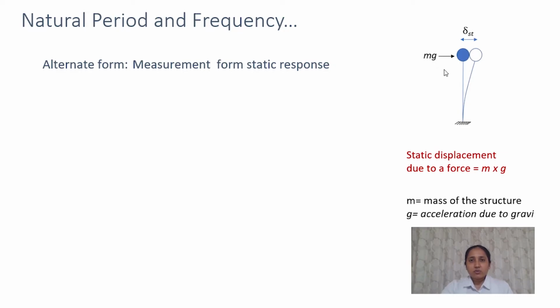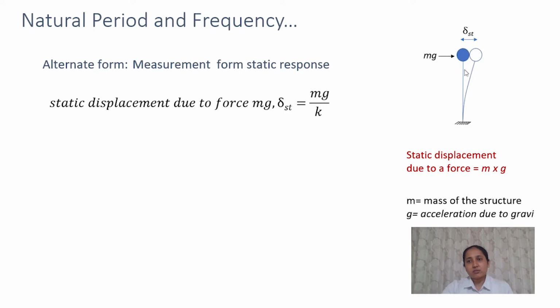So we apply a force to the structure equal to mass times g and measure the static deflection because of this force. This structure will have some stiffness, so the static displacement due to this force mg will be equal to mg/k. That will be the static deflection.